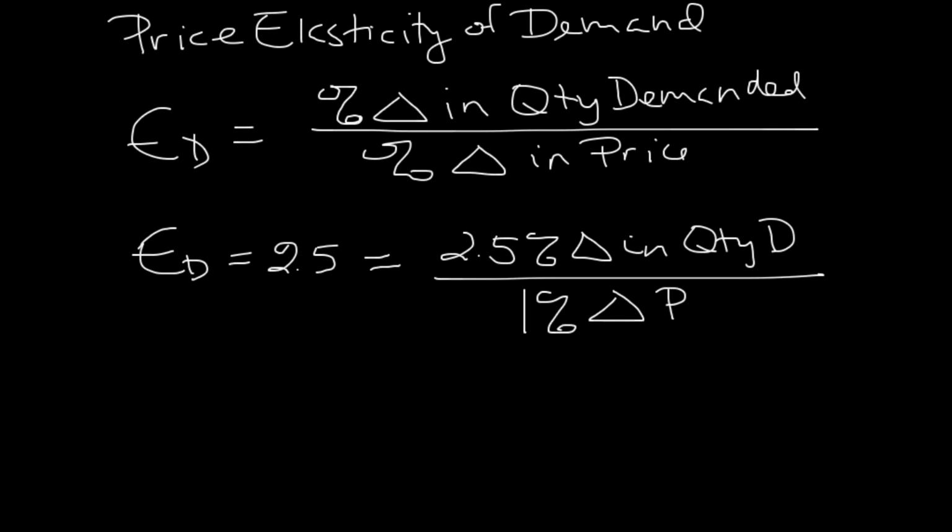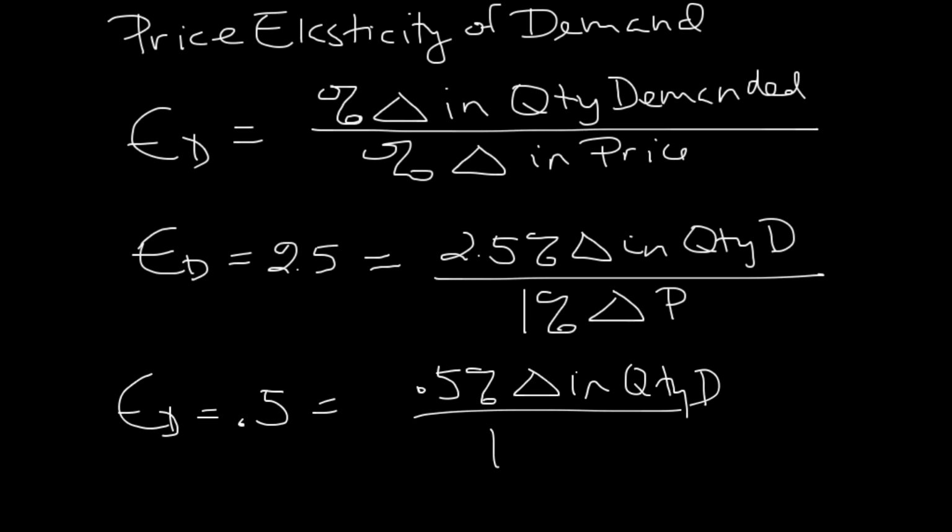So when you are given a number for elasticity, in this case 2.5, this is how you interpret it: for every 1% change in price there will be a 2.5% change in quantity demanded. If the elasticity of demand you were given was 0.5, then that's telling you there's a 0.5% change in quantity demanded every time there's a 1% change in price, okay?